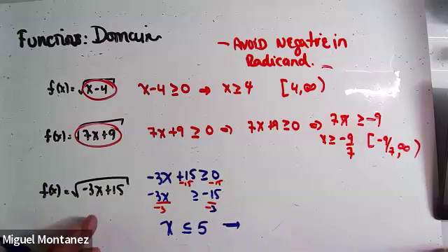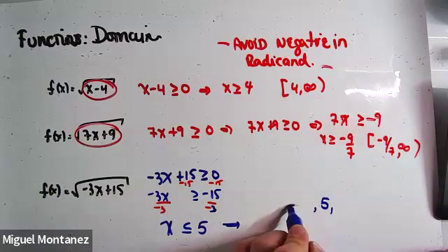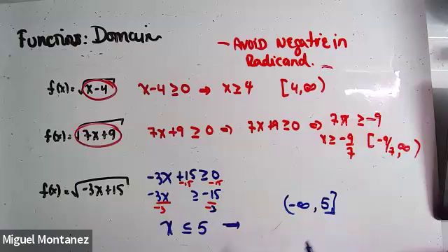In other words, we are safe with this function as long as my input is from 5 to the left. So this is the same thing as negative infinity to 5 bracket.